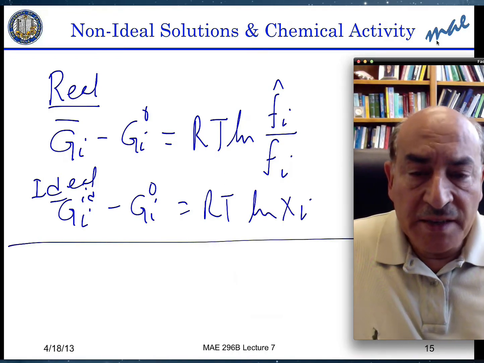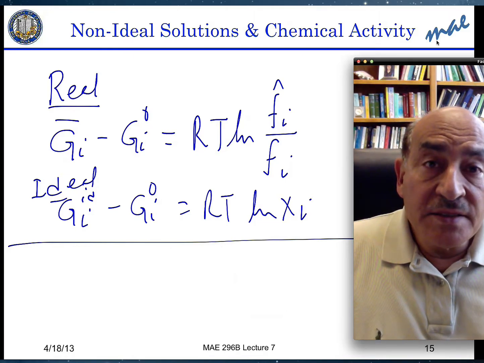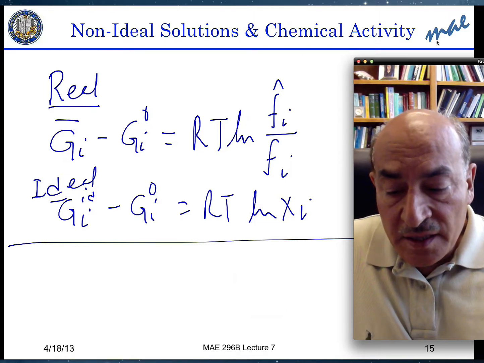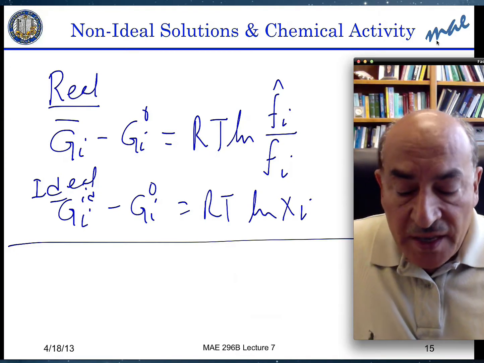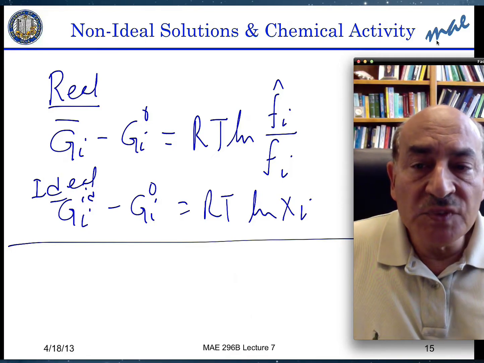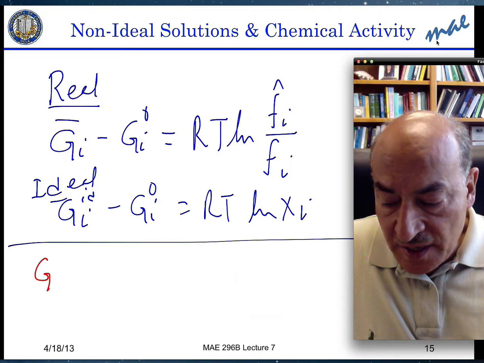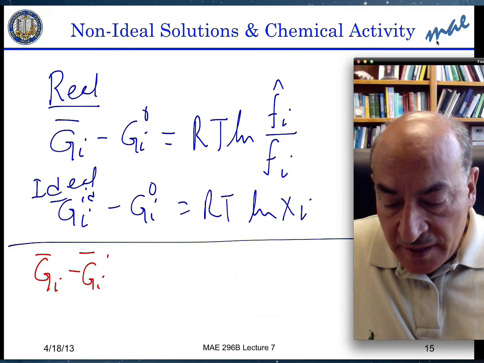Now if I subtract the left-hand side from the left-hand side and the right-hand side from the right-hand side, what do we get? We get now the difference between Gi bar and Gi bar ideal, which is the excess. So I'll have here Gi bar minus Gi bar ideal.